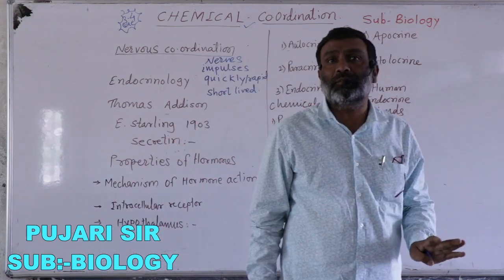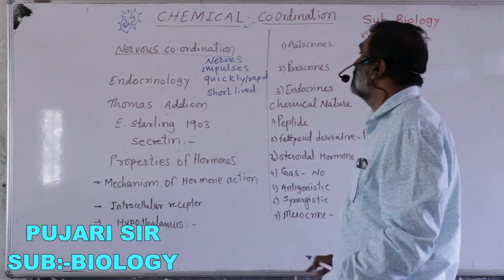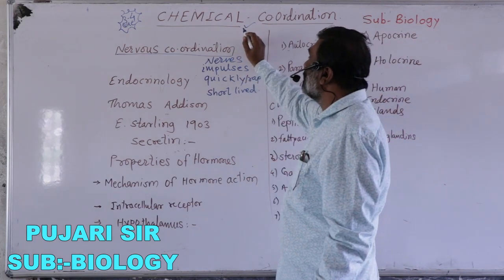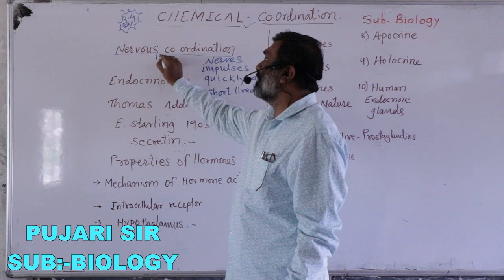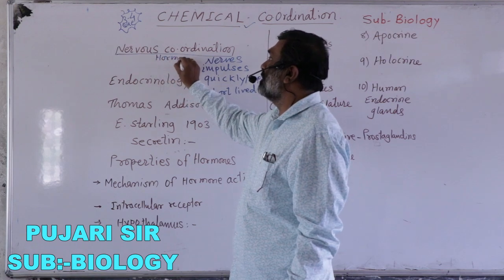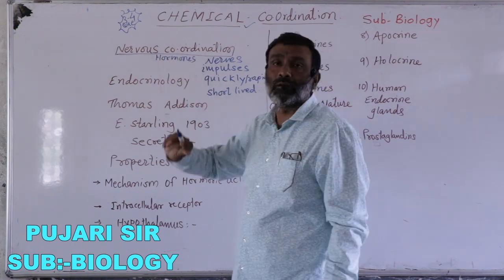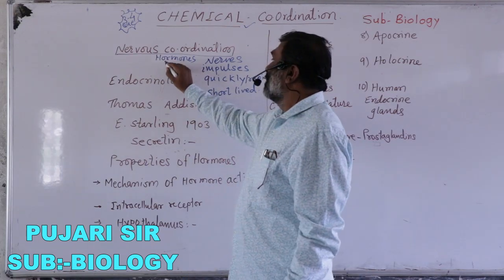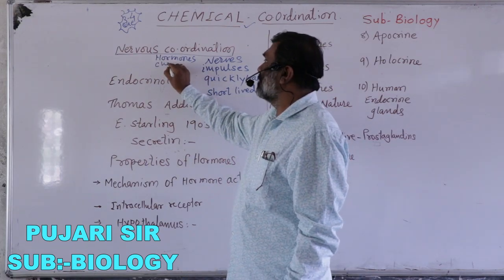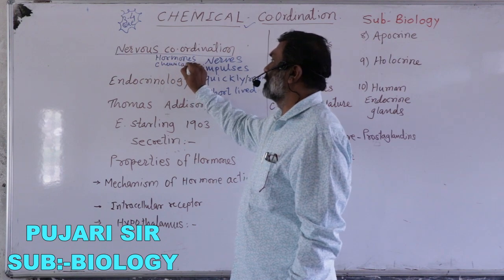What are those differences? The chemical coordination occurs with the help of chemical substances. These are called hormones. Secondly, they are simple chemical substances.